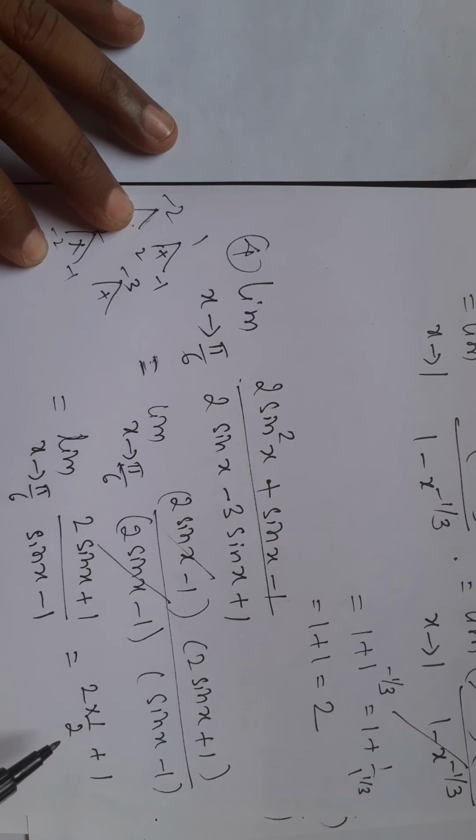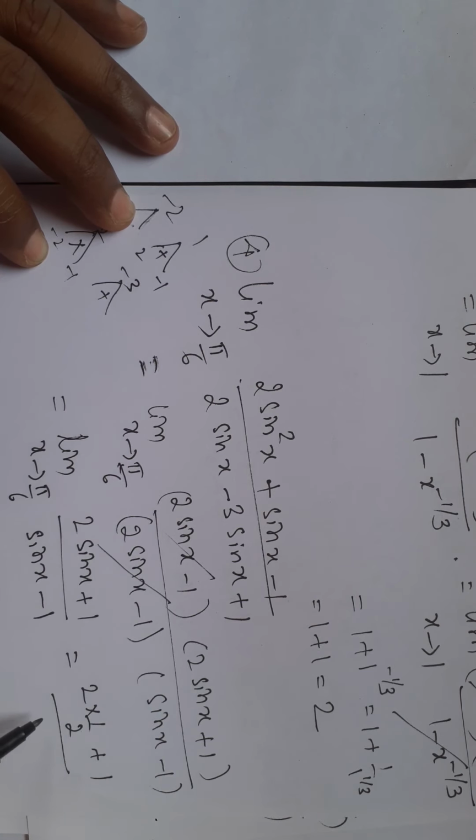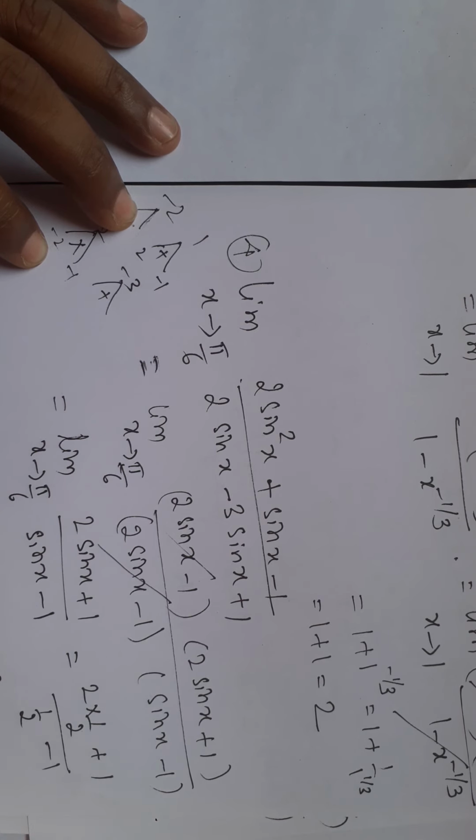Divide by sine pi by 6, that is 1 by 2, minus 1. Simplify the value: 2 by minus half is equal to minus 4.